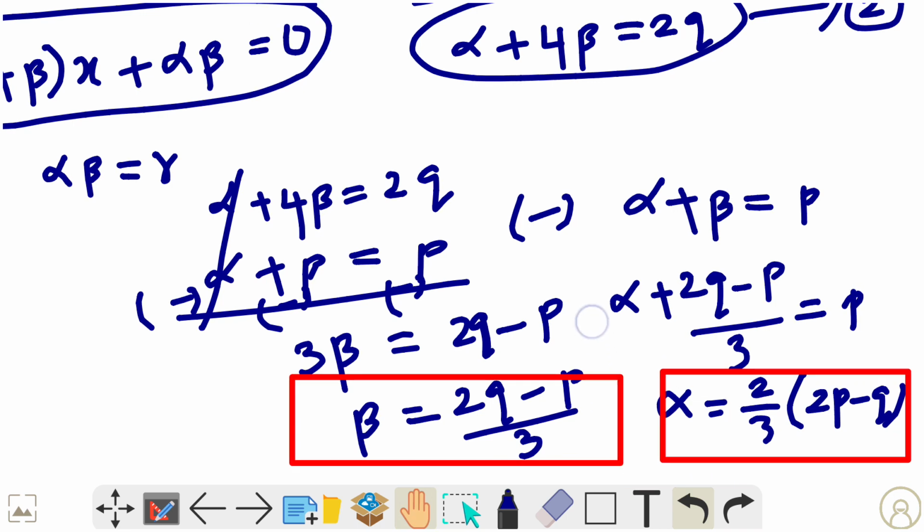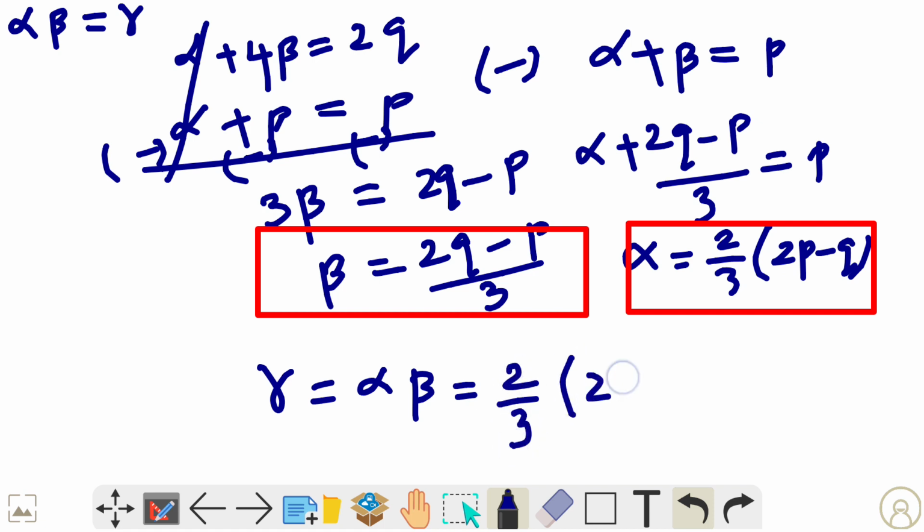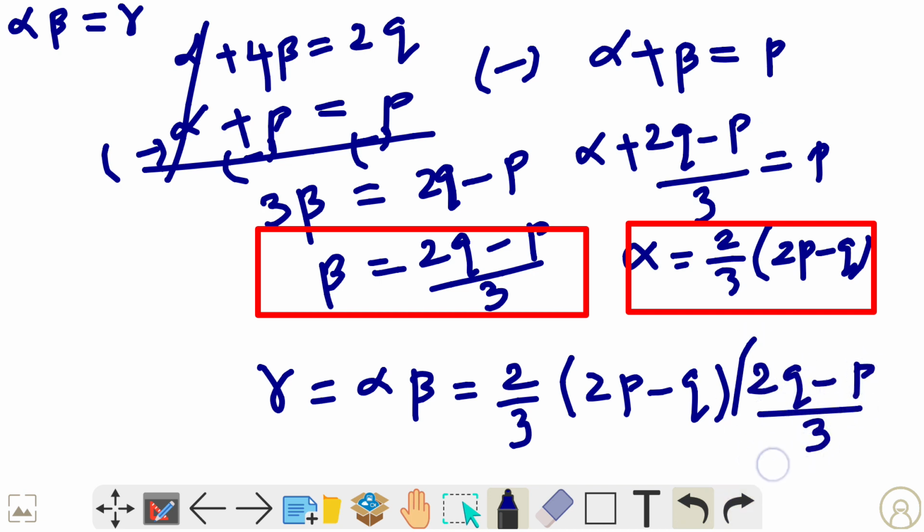We have to multiply these two terms, because r is equal to alpha into beta. Alpha is 2/3 (2p − q), and beta is (2q − p)/3.